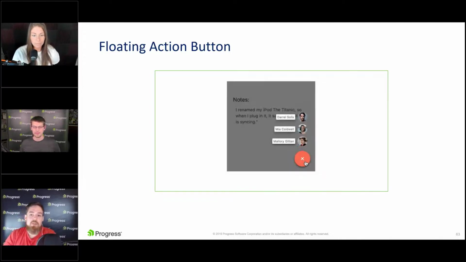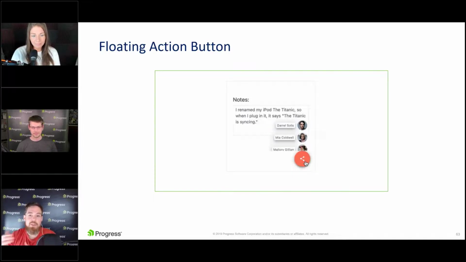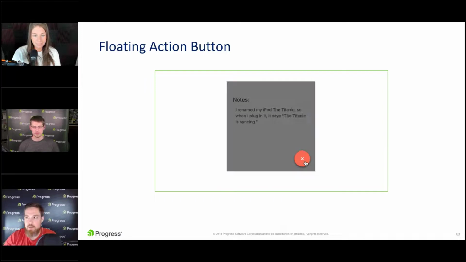But this could also be something like when you want to add an item into the grid, you might want to have a floating action button instead. And maybe you want to be able to do some custom things, like have 3 different types of data items that you ultimately want to add in, or maybe there's some additional actions that you want to do on the grid. Either way, it is all possible to do with the floating action button, so it can be a single action or multiple actions through the speed dial.